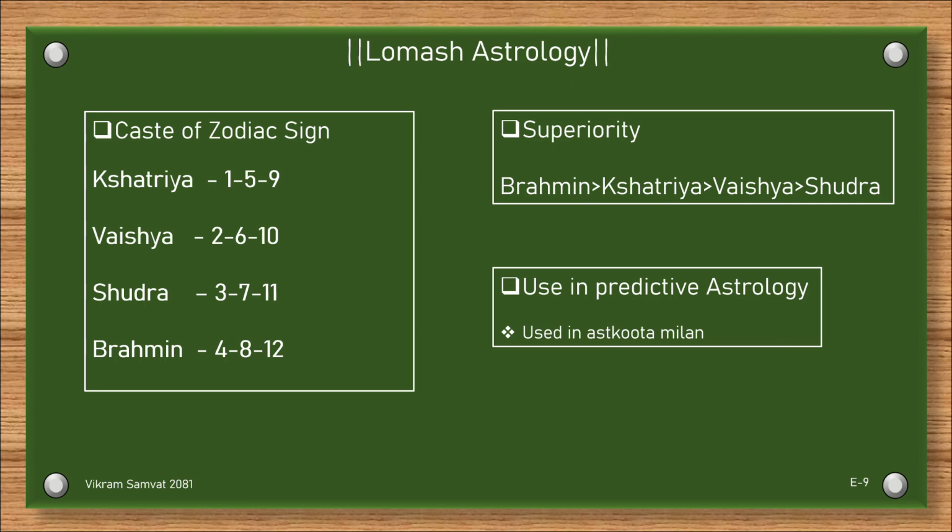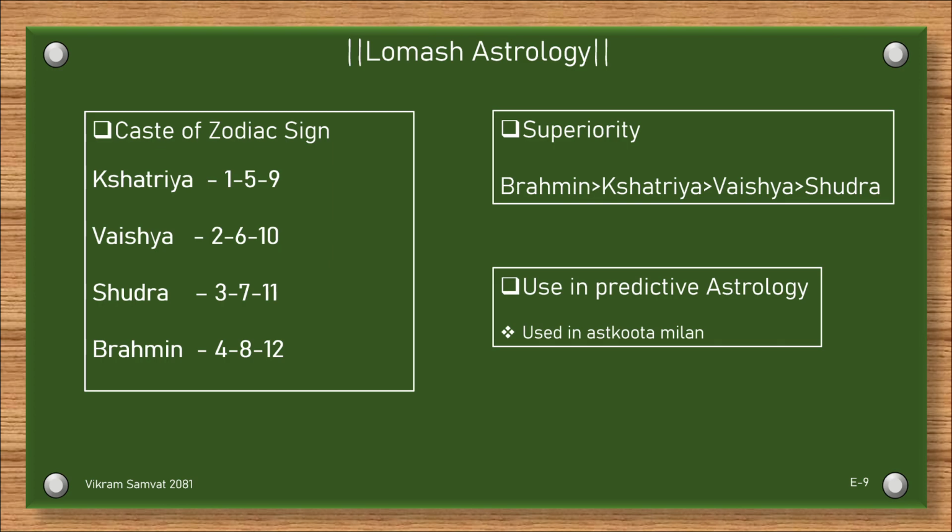Now based on superiority, Brahmin is superior to Kshatriya, Kshatriya is superior to Vaishya, and Vaishya is superior to Shudra. And what is this superiority used for? This is again one of the parameters used for Ashtakoot Milan, and it gives a maximum of 1 point.